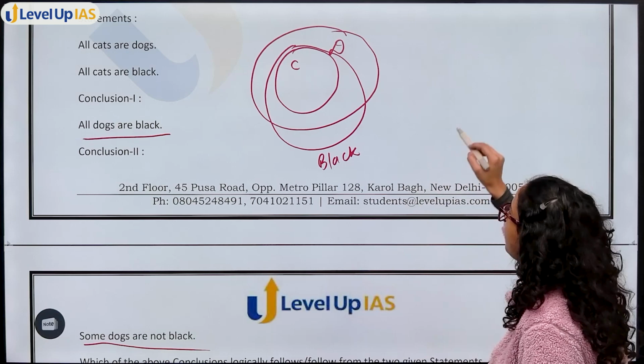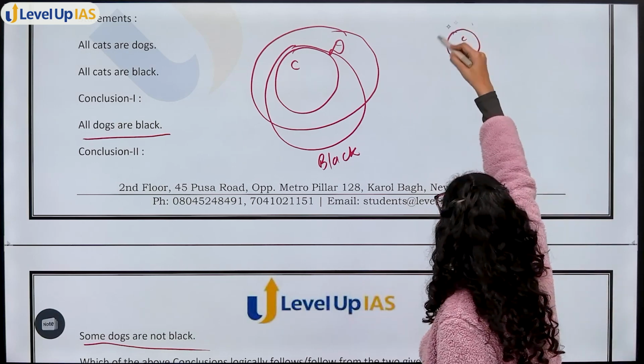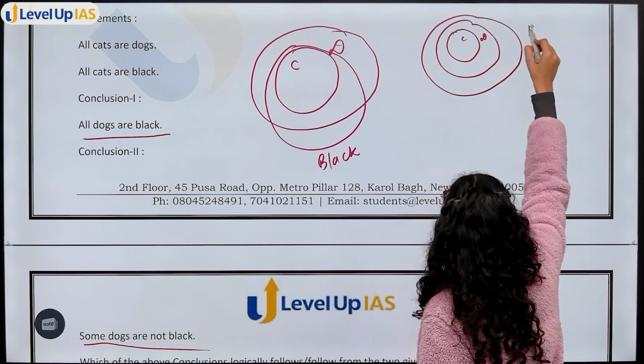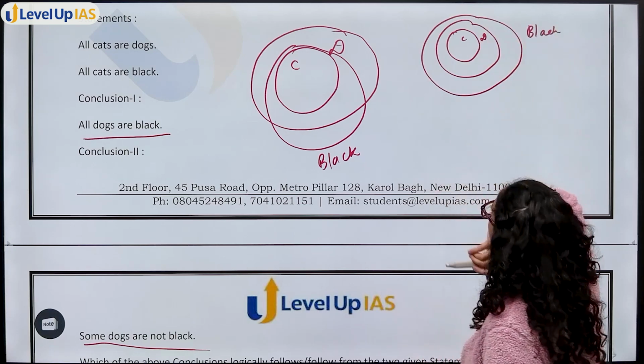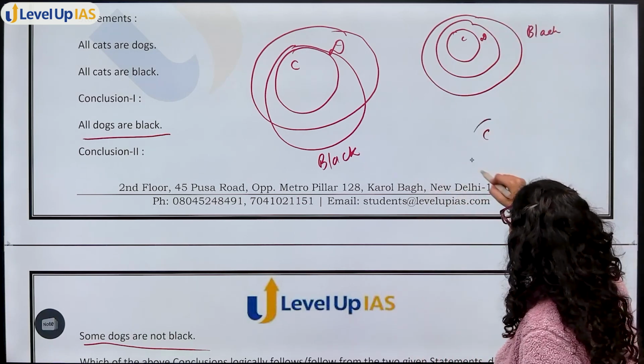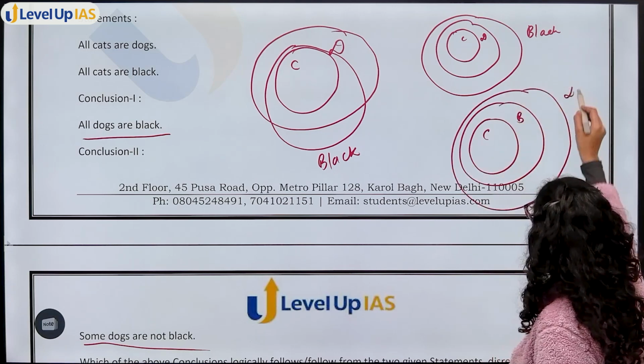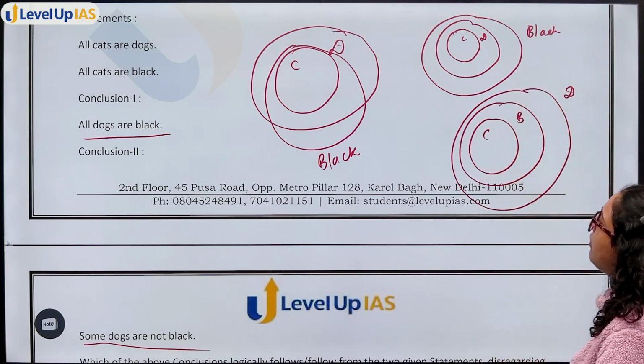This is the first case. This is cat, this is dog, all cats are black. You can also have black like this. Still all cats are black. You can also have cats, black, dog. So there are multiple ways of doing this.